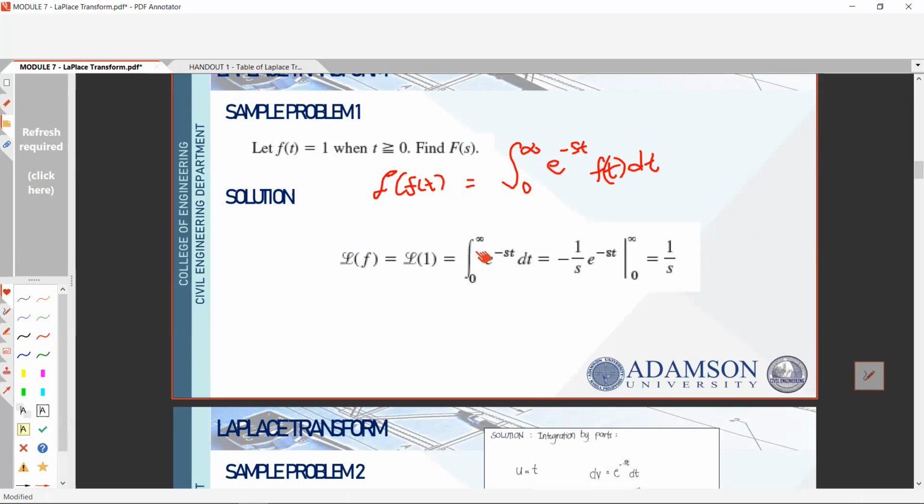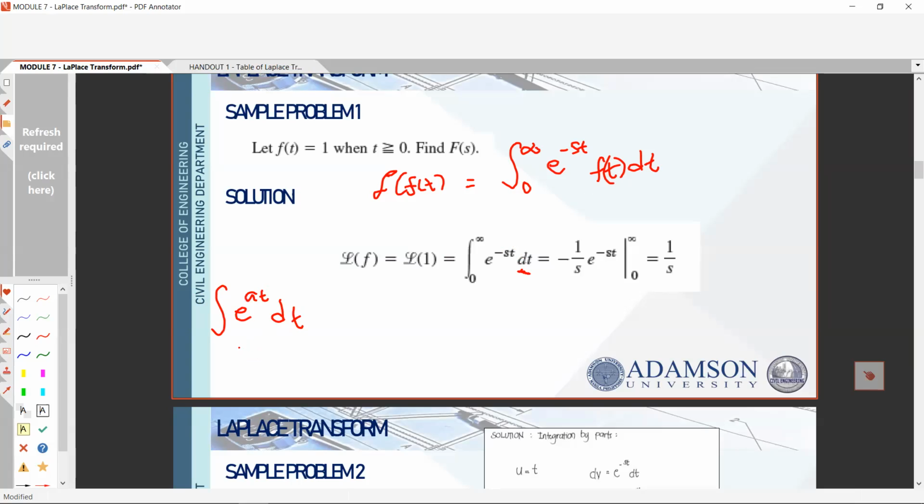Okay, so recall your basic integral calculus, 'di ba? Since we are dealing with t, t is a variable and s is a constant. Therefore, the same siya sa integral of e raised to negative at dt.